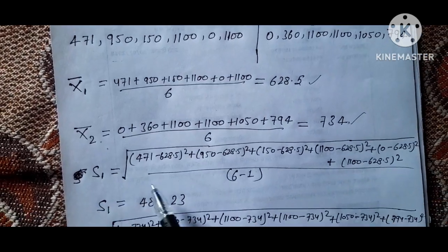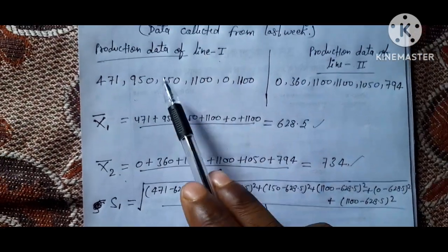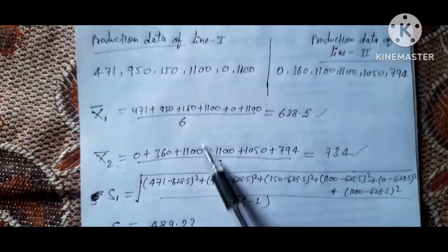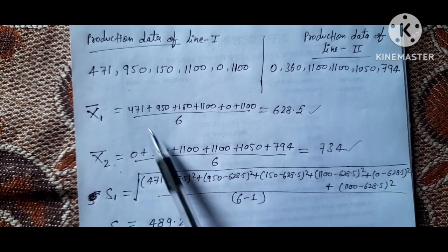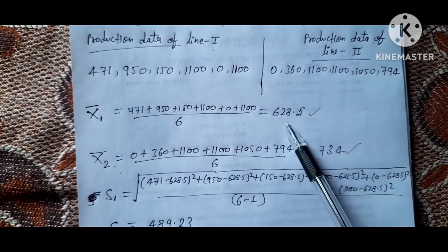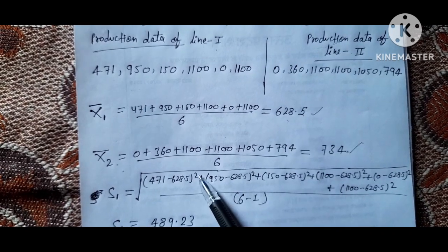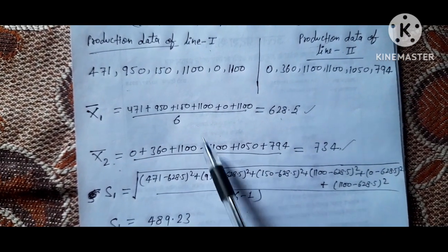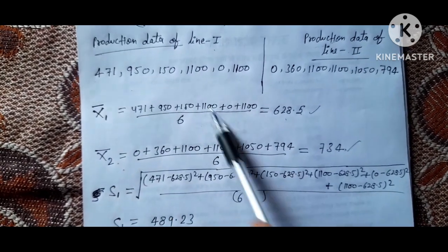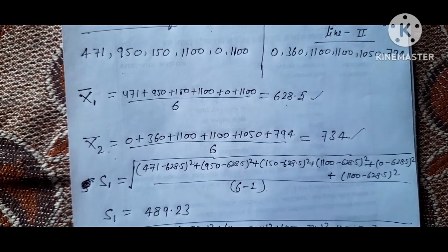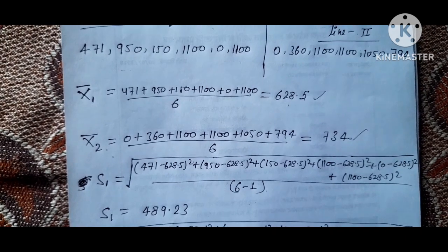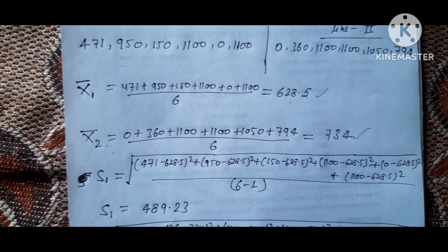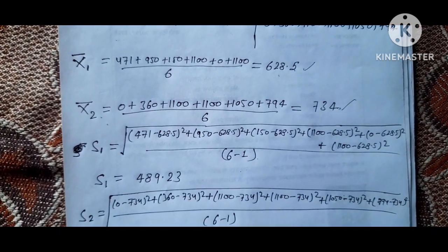Okay, now we calculate the standard deviation of line 1 from this data. So this is 471 minus the mean 621.5, whole squared, plus adding all values, divided by the number of data points minus 1, that is 6 minus 1, because it is n minus 1. If you see my first video, it explains what the formula says and clears up this confusion.